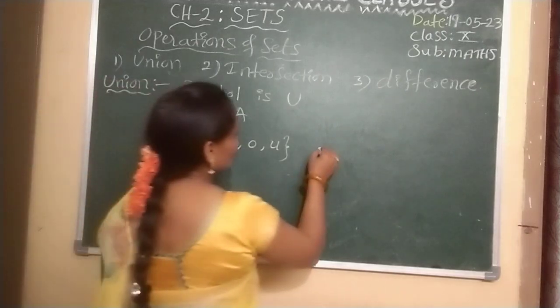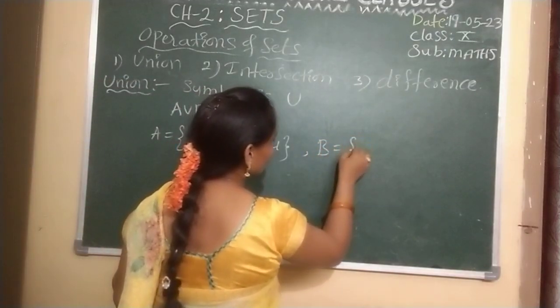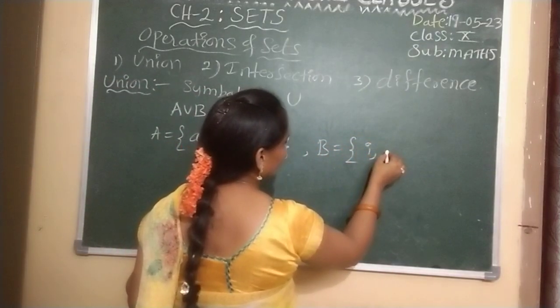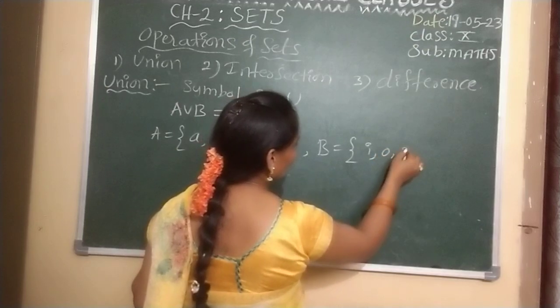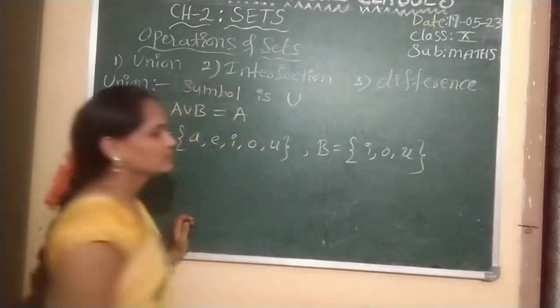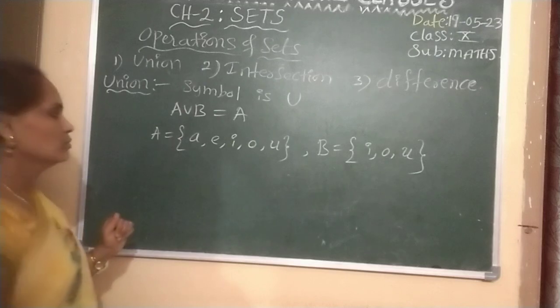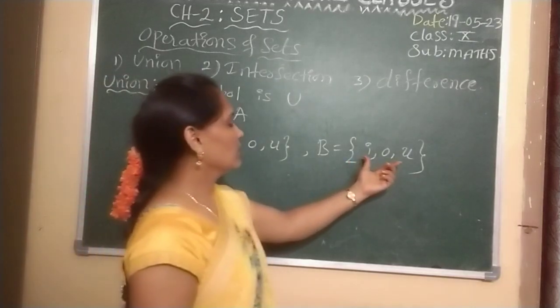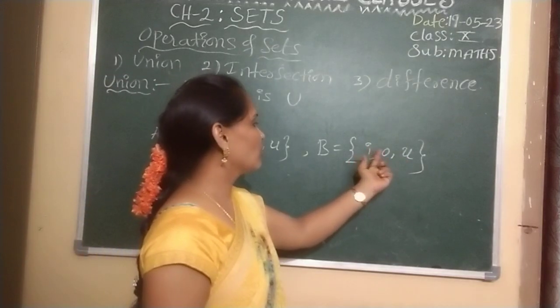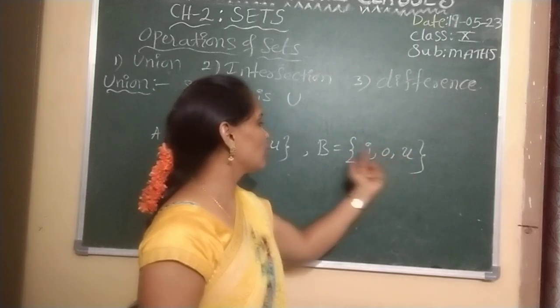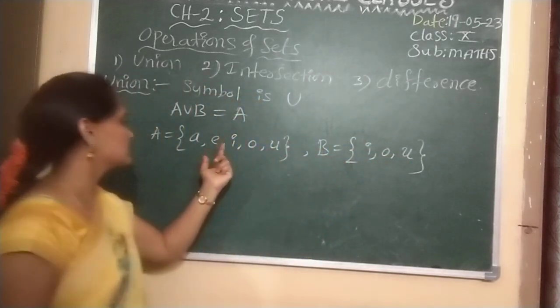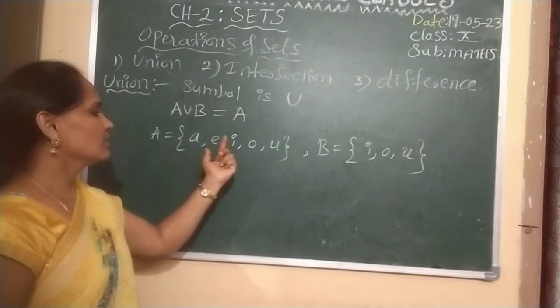Now set B has I, O, U. Here, every element of set B, every alphabet, is contained in set A. Yes or no?